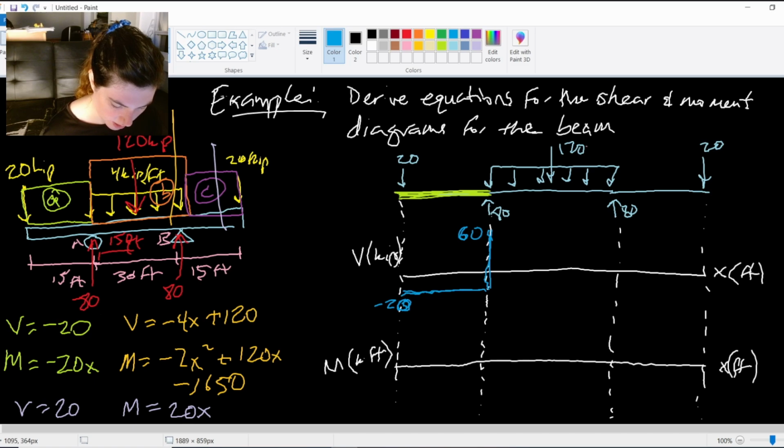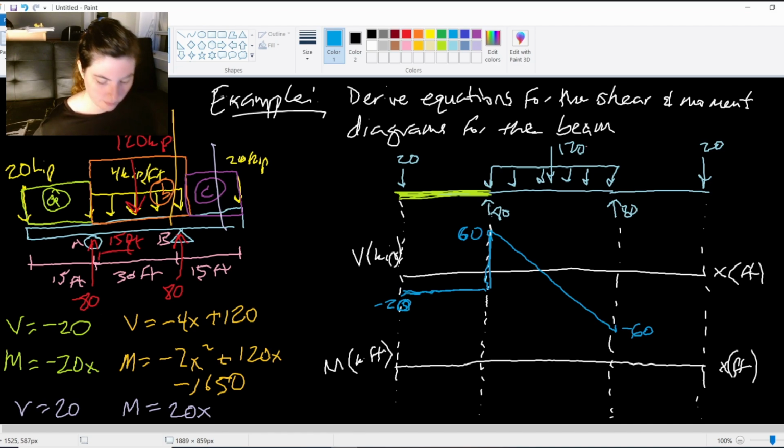So it's coming down all the way there, -60. That takes care of my middle region. And then finally, my last one, the C in purple, is a +20. So it shoots back up and goes 20 across. Right, it has a straight value of 20, straight across, constant value.